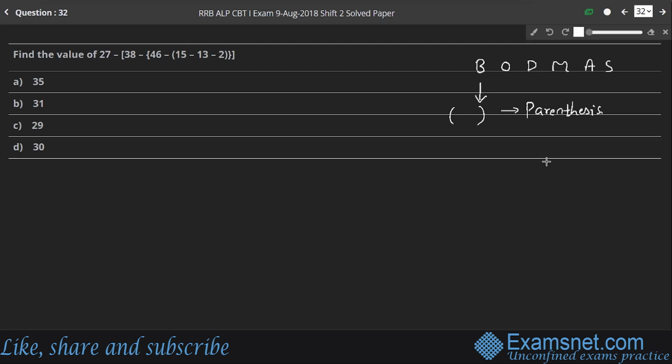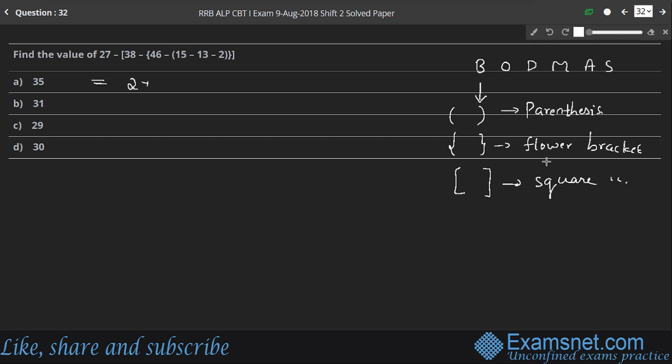After that, we have to remove the flower bracket. After removing the flower bracket, go for the square bracket or closed bracket. Therefore, let us go for removing the bracket part.